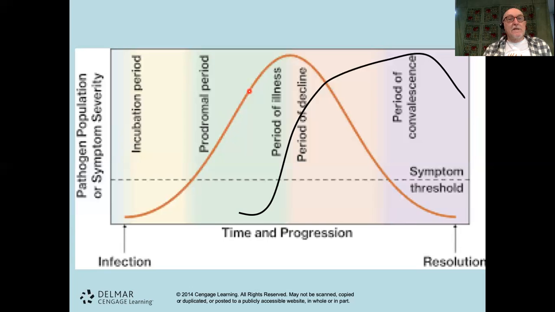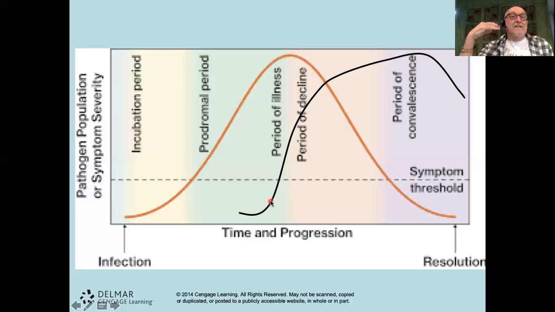The virus is increasing. Your immune system now has been alerted to the presence of the virus. But it takes 5 to 10 days. They say just 5 days here, 6 days, for your immune system to really be able to produce antibody. Here I've drawn a line to show the levels of antibody.